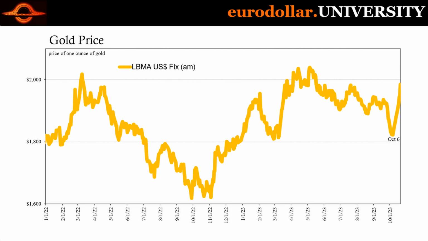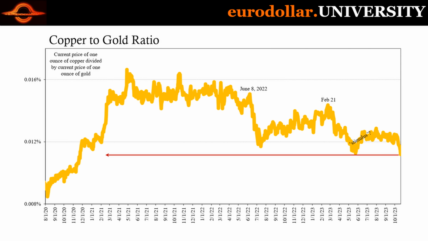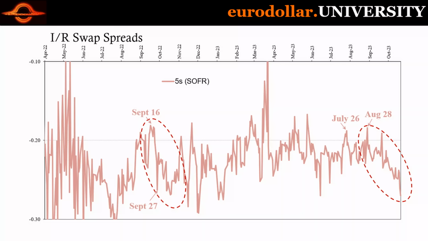The copper to gold ratio hit the lowest it had been since November of 2020, which tells us about deflationary potential, not just in terms of geopolitical risks. So there's a whole bunch of correlated warnings starting from interest rate swap spreads that tells us the black hole, what is going on there, and what is going on in the black hole right now at this moment.